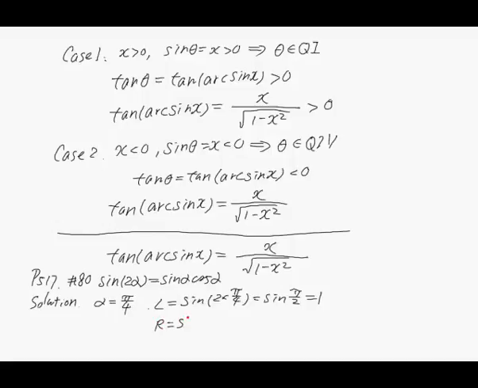This is sine of pi over 4 times cosine of pi over 4, and both of them are equal to root 2 over 2. So you have root 2 over 2 times root 2 over 2, and this is equal to 1/2. So definitely, the right side is not equal to the left side, and both sides are well defined at x equal to pi over 4.